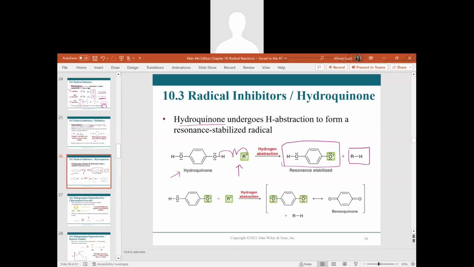So that radical that was a harmful radical, or a radical that would continue propagation, will be prevented from reacting any further. And this radical that's created is resonance stabilized, so it will be much less reactive overall. And then we see something similar down here in this second step here, and this benzoquinone resonance structure.